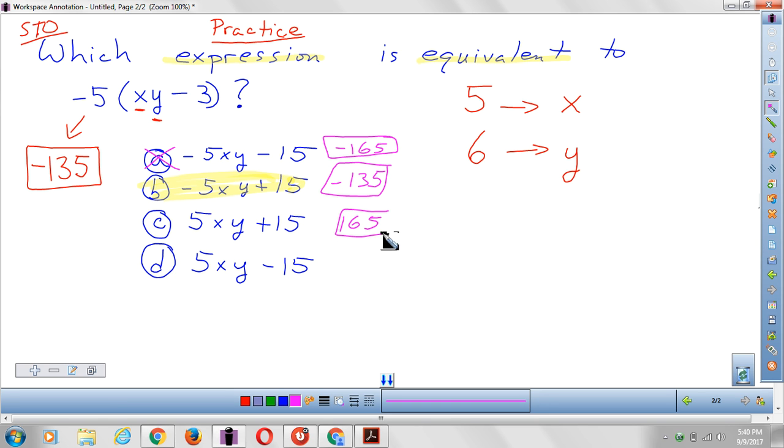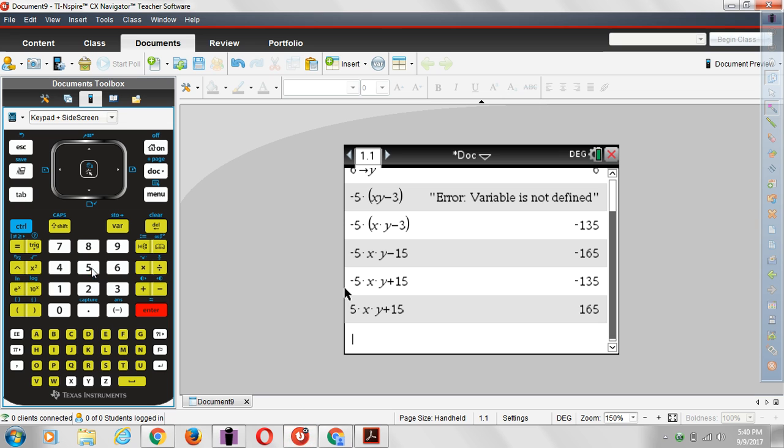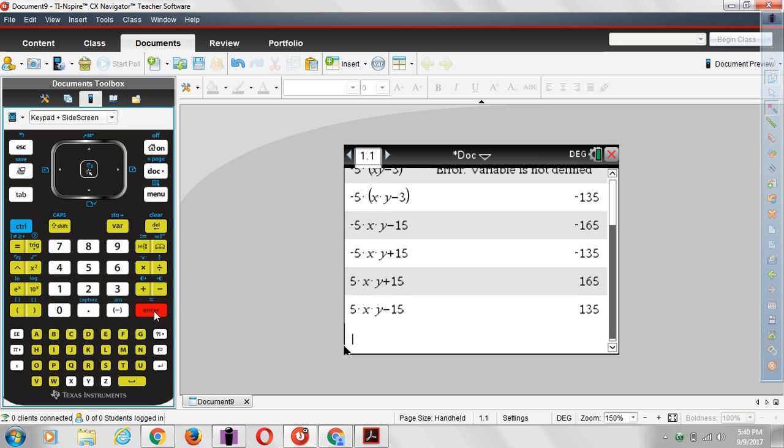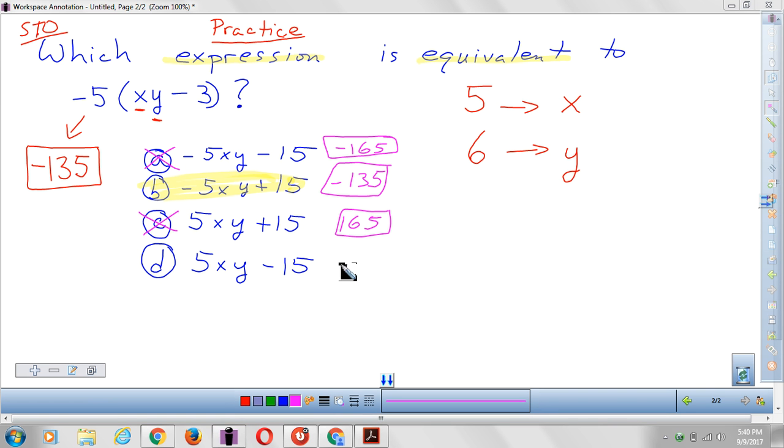That does not match. Cross that off. And let me put in my last one, 5xy minus 15. 5x, I'll put the times y minus 15. You can see that time I put the times in automatically because I'm getting used to it. And this one came out as positive 135.